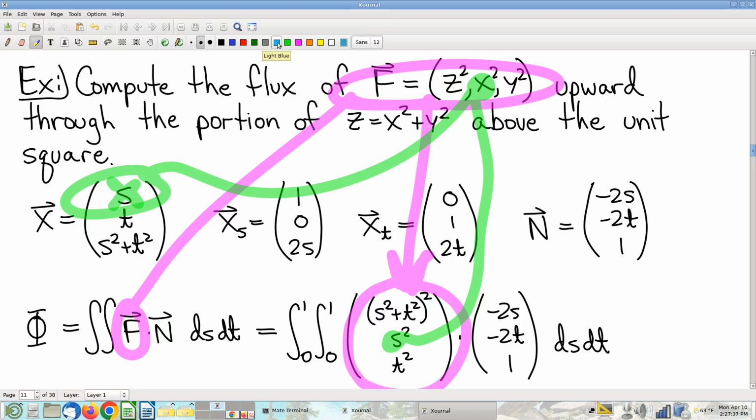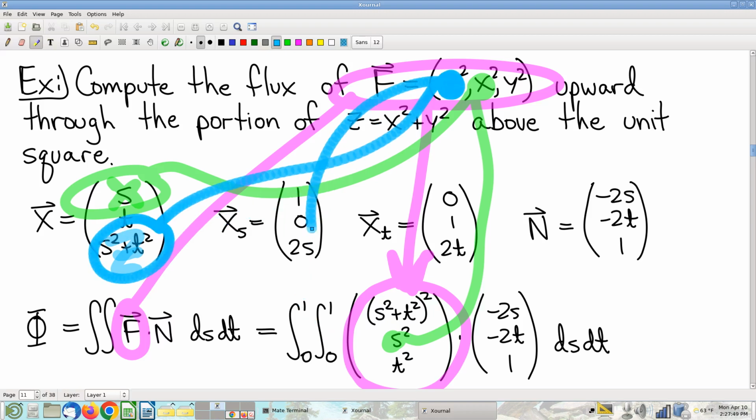But now let's look at z. That z is s squared plus t squared. Ooh, doggone it. Let's try that again. z is s squared plus t squared. Watch out for your squares. It's really easy to mess this up.